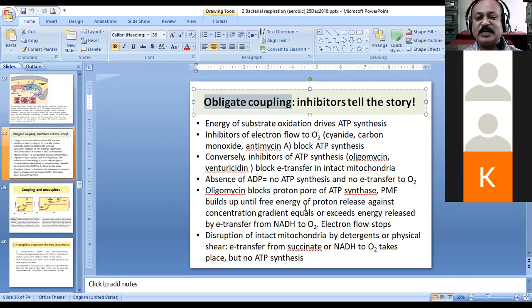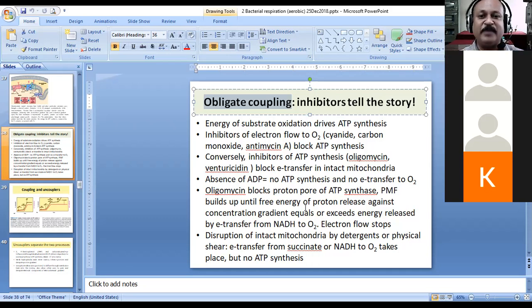And if the energy which is stored in that concentration gradient equals the energy which is released by the electrons for the transfer, so electrons, when they are transferring to the different components, are also carrying the energy. If the energy released in the electron transfer and the energy of the proton gradient exactly match, then the electron flow also will stop.